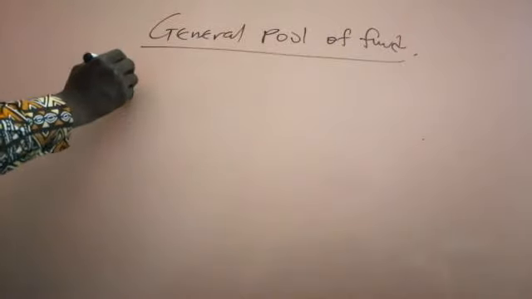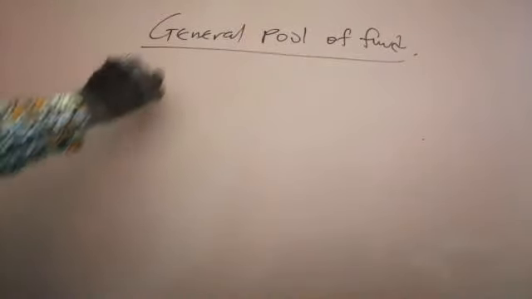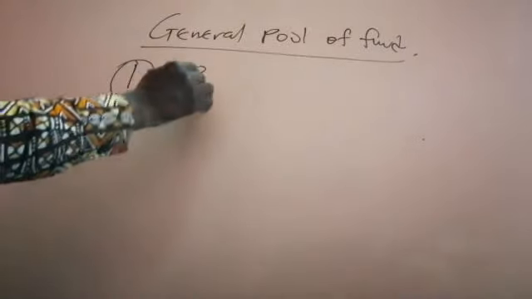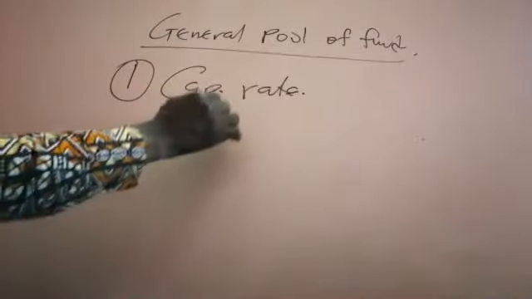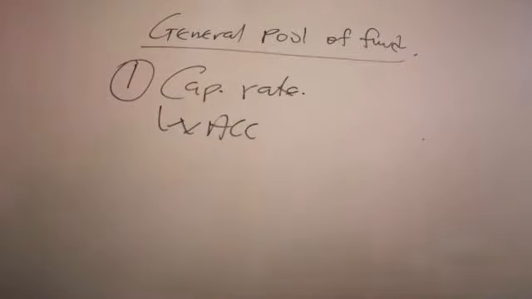So step one, calculate the capitalization rate. We call it the WACC, weighted average cost of capital, because you are using the existing funds. So what is the cost of existing funds? What is the borrowing cost? The capitalization rate on the existing funds. That is the first step that we have to get right.